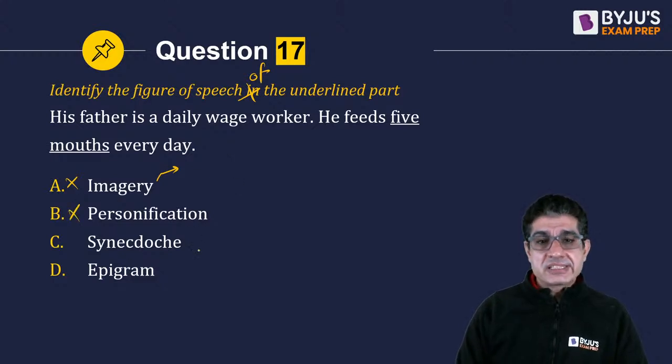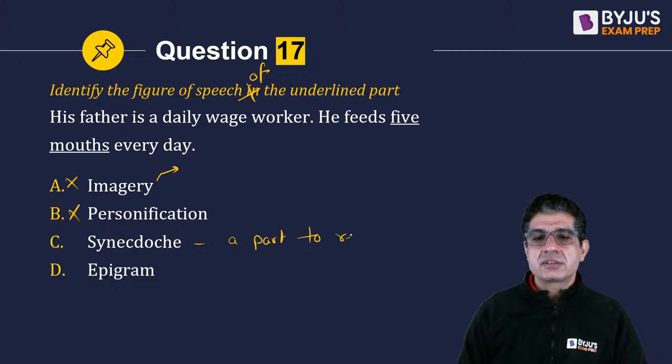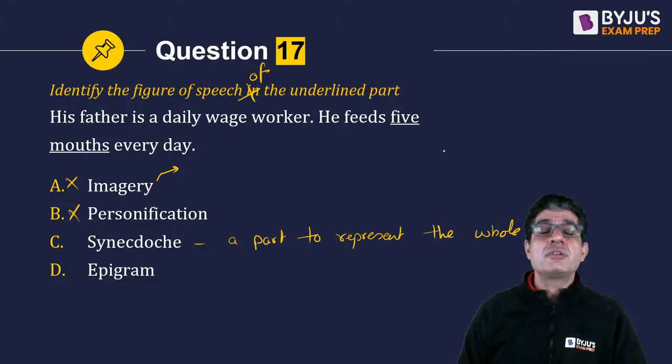No. Okay, synecdoche is when we use a part to represent the whole. So, for instance, when somebody has a wedding proposal, he may go to the girl's family and say that I'm here to ask for her hand.